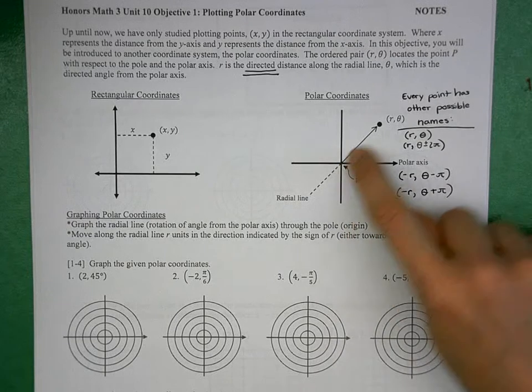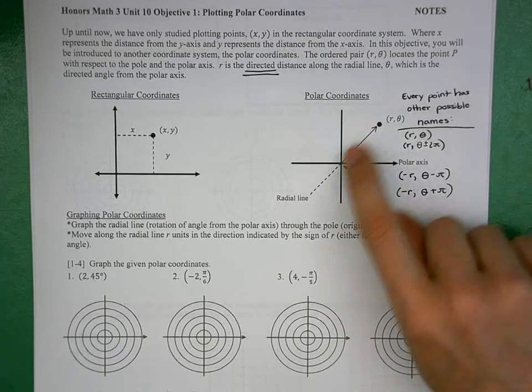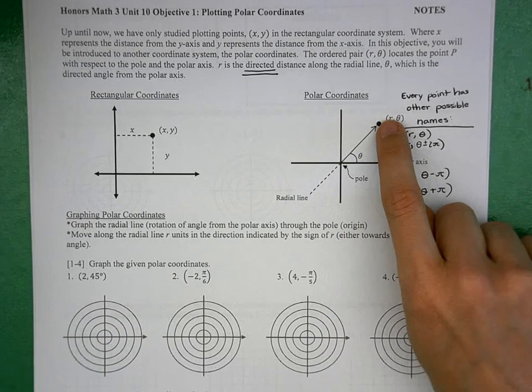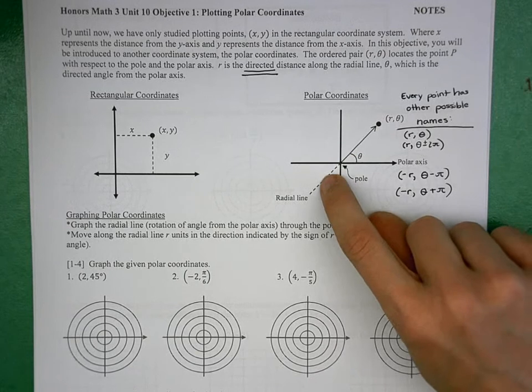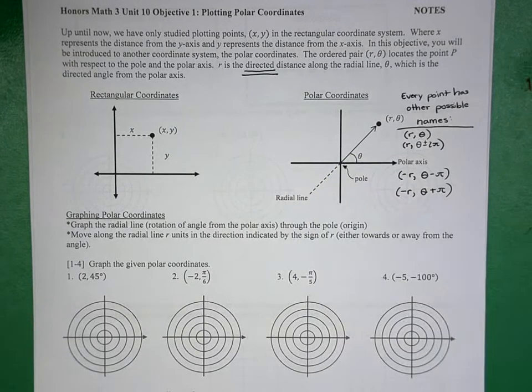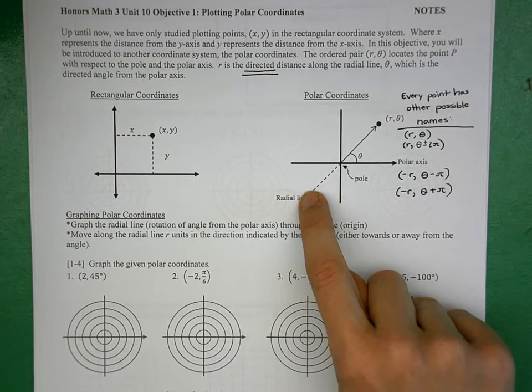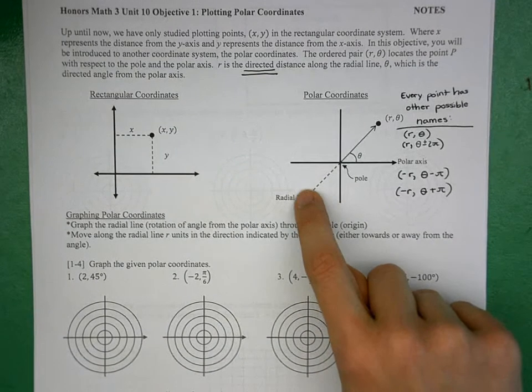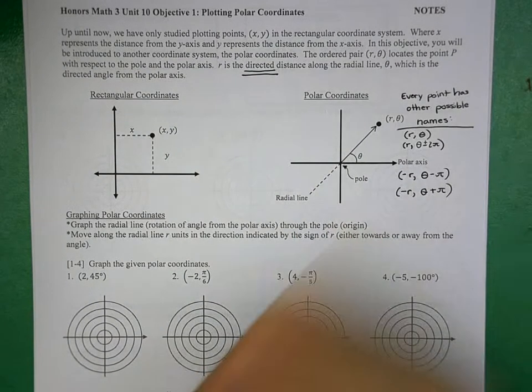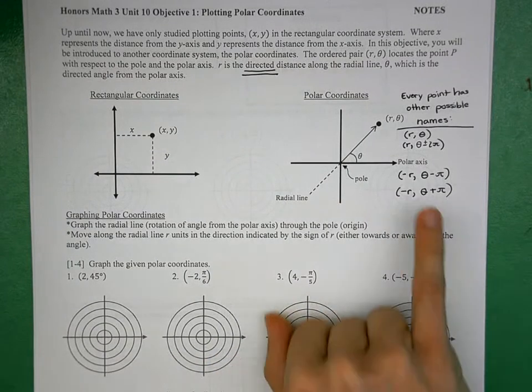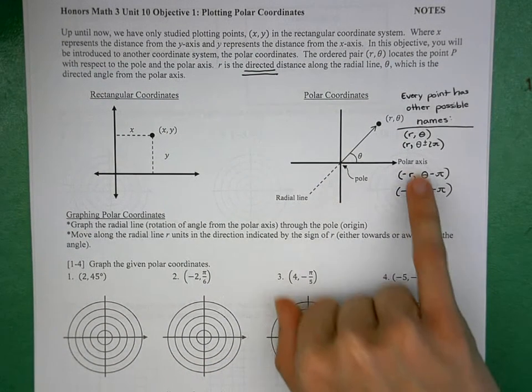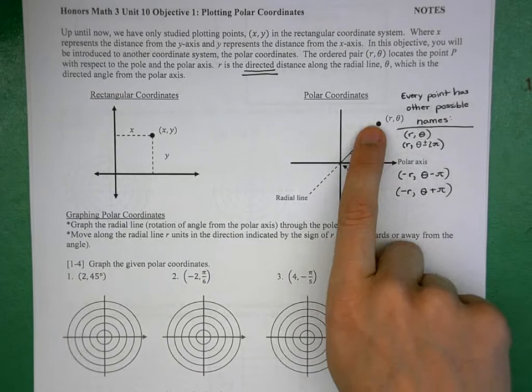And so while this is still pi over 4 here, if my r was negative 4, I would be going 1, 2, 3, 4 away from my angle. So (negative 4, pi over 4) would put me out here, moving away from the pi over 4 angle.